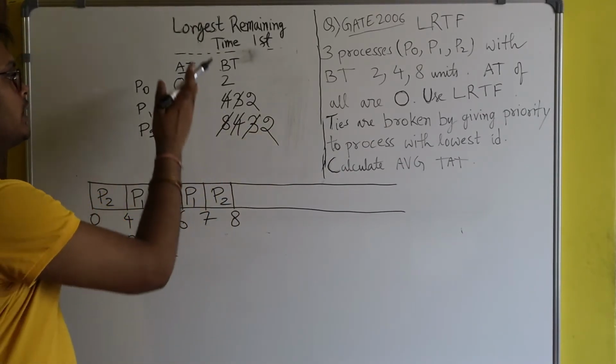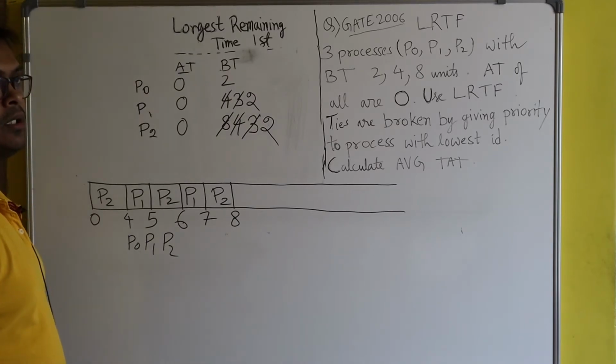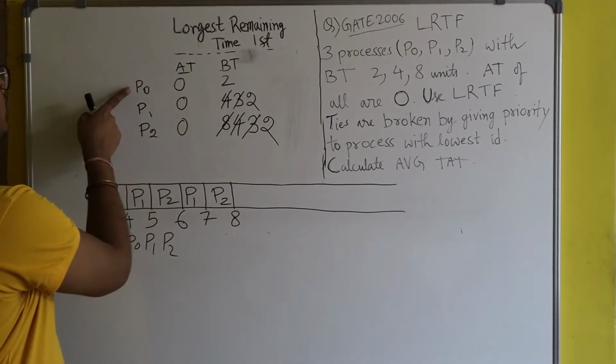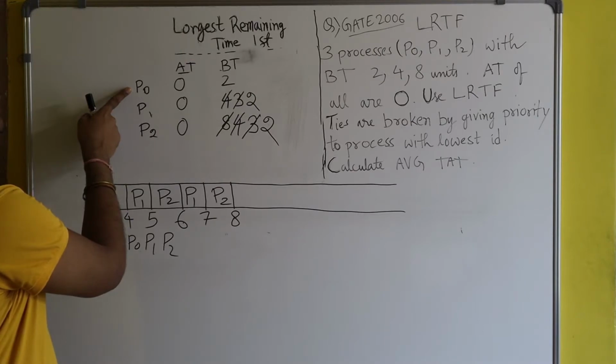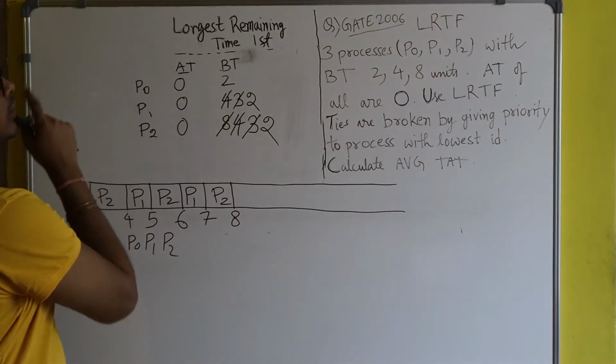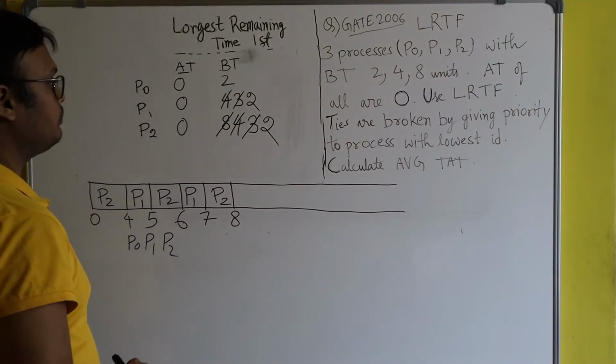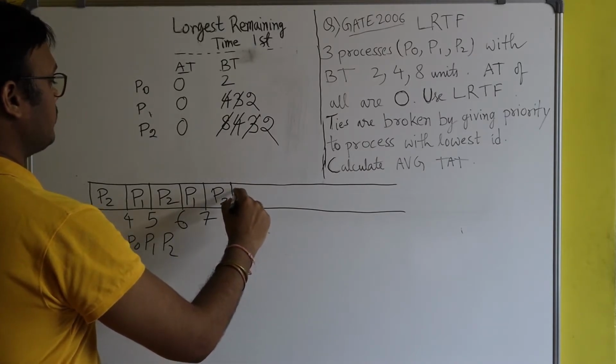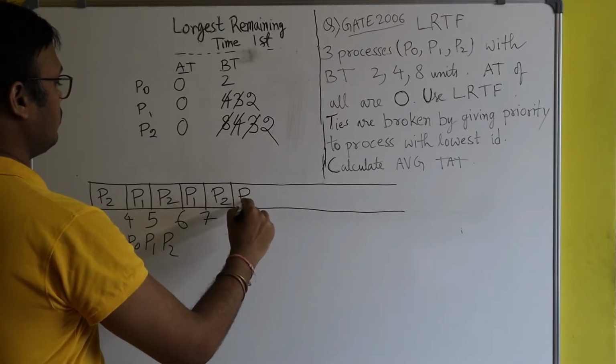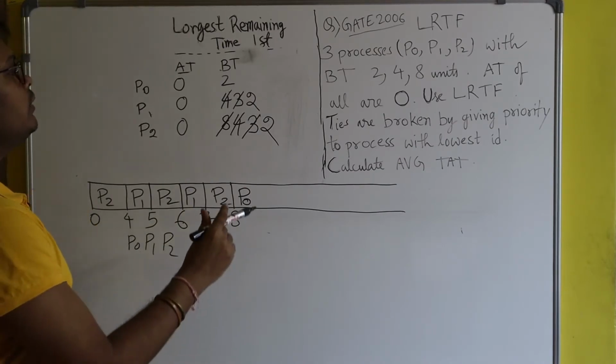Now there is a tie between all the 3 processes, so CPU will be given to process P0 because it has the lowest process ID. So I will write process P0.